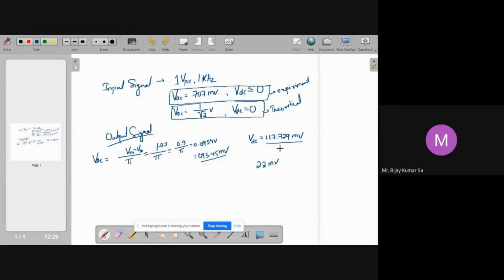So anyway, we'll note it down: this is VDC experimental, the VDC theoretical, so it is 0.09545 volt.